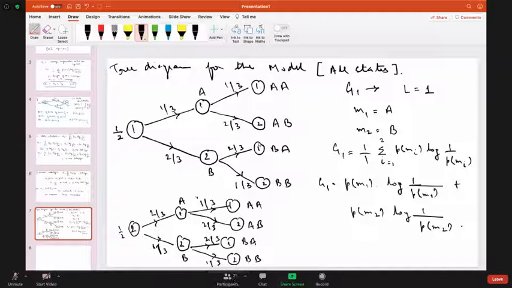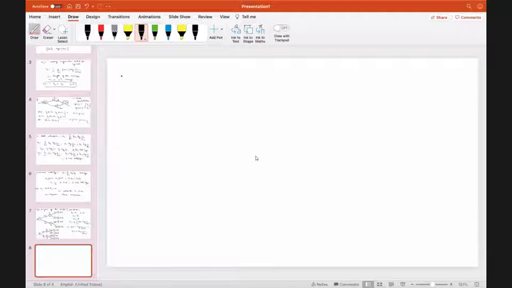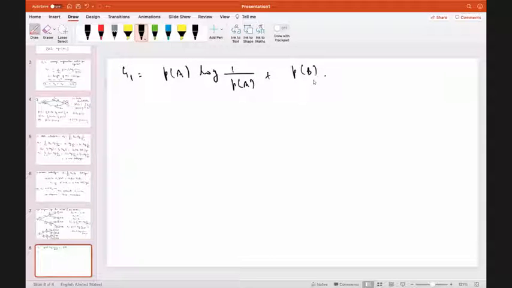Okay, so then let me just write it over here. So G1 becomes basically probability of A log 1 over probability of A, and B. Or let me not write A and B, because then you'll get confused with the initial probabilities that we evaluated.